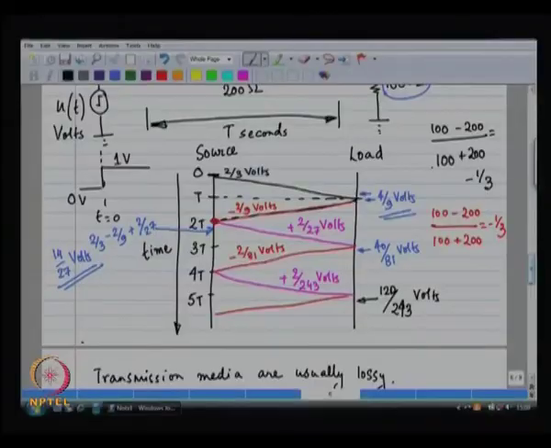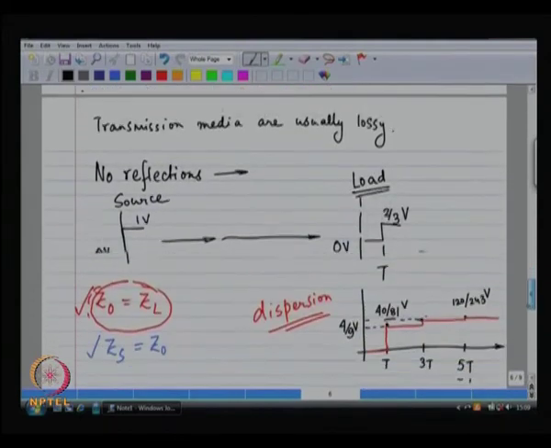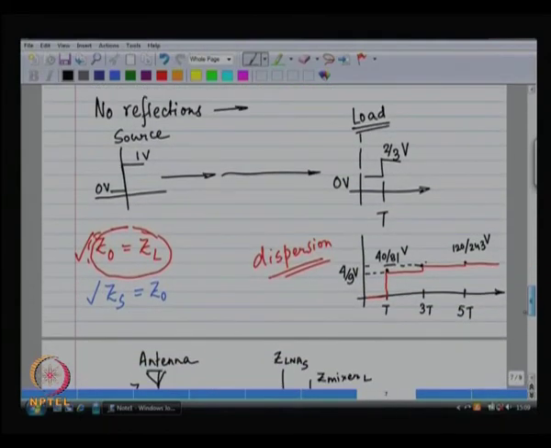Okay. And we did some quick calculations, and we saw that these echoes are really no good. We do not like echoes. We would like to see the same shape of the waveform being conserved, and that can be achieved when the characteristic impedance is equal to the load impedance.